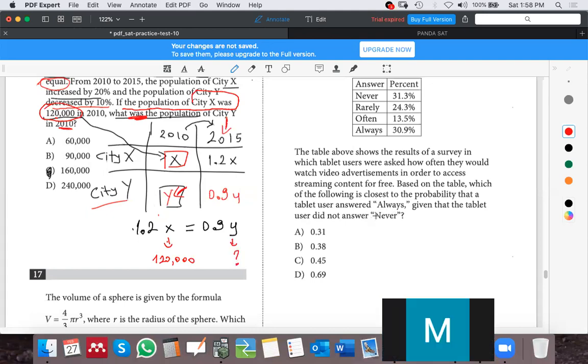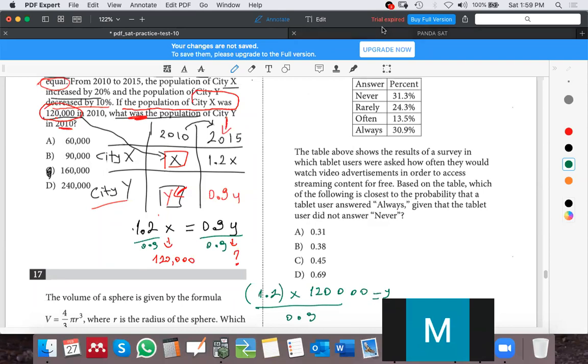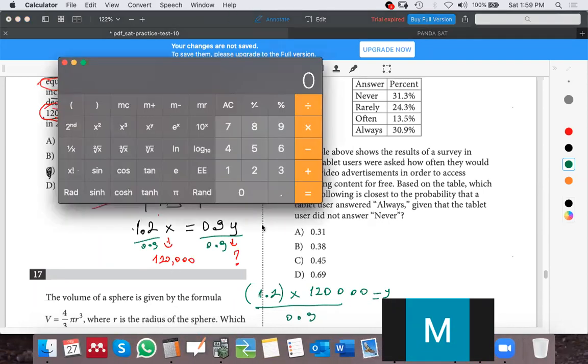Yes, sir. So how can you solve this question? If you divide both sides by 0.9, that means you have 1.2 times 120,000 divided by 0.9 is equal to Y. Is this okay or not? Yes, sir. And then use the calculator.